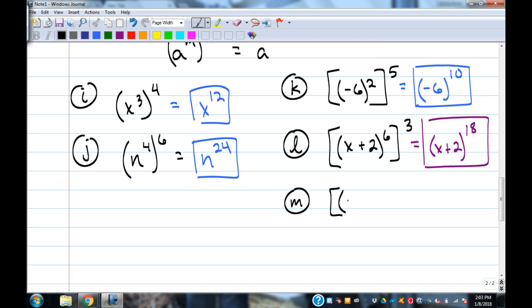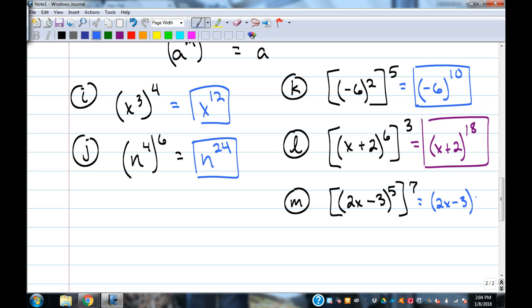So if you had this problem, bracket, parentheses, 2x minus 3, raised to the 5th power, close the bracket, raised to the 7th power. What's the base in this problem? The 2x minus 3, that stuff that's in parentheses.